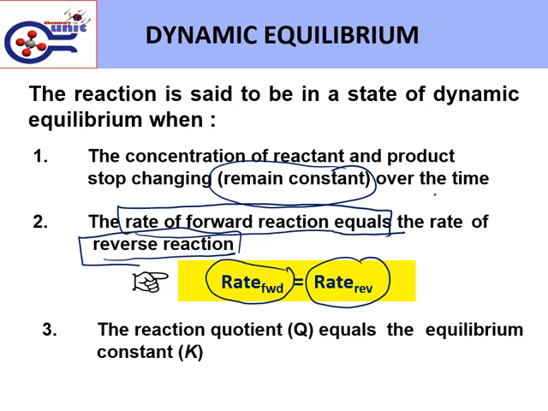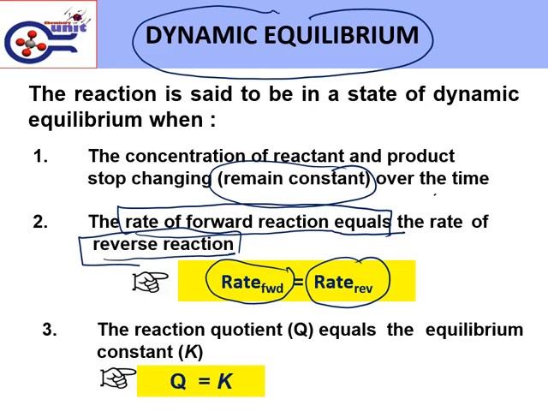Boleh tu karakteristik dia. Okay, di mana rate forward is equal to rate for the reverse reaction. Rate forward ni refers to the rate for the formation of the product, while the rate for the reverse reaction refers to the rate for the formation of the reactant. Boleh? So at this dynamic equilibrium, the reaction quotient Q equals the equilibrium constant Kc. This one kita akan tengok dalam subtopik 6.2 lebih detail. Okay. So this one is the characteristic of dynamic equilibrium.